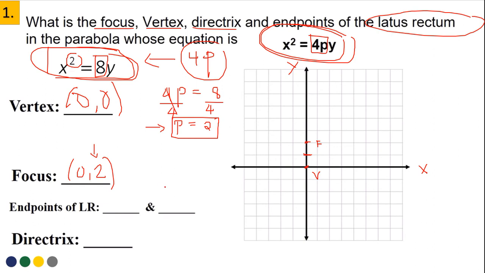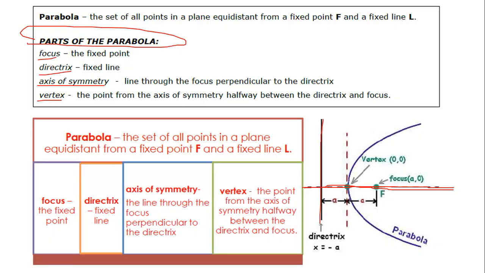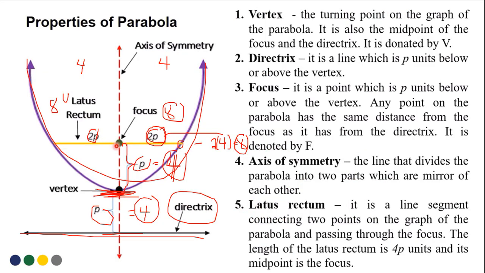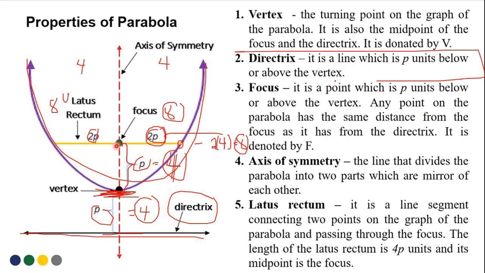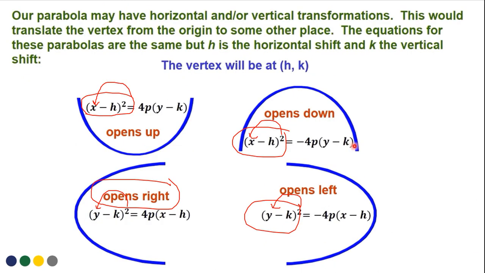Now, balikan natin what is the definition of the directrix. Directrix, sabi niya dito, it's a line which is p units below or above the vertex. In your module, directrix is the fixed line. But this is the most, para mas maganda yung definition nito: it is a line which is p units below or above the vertex.